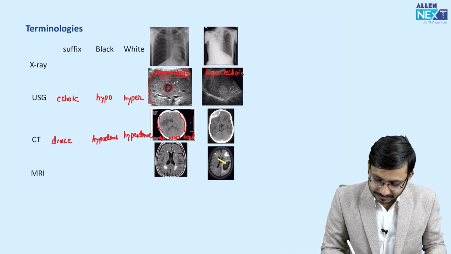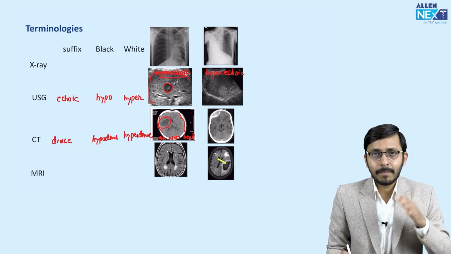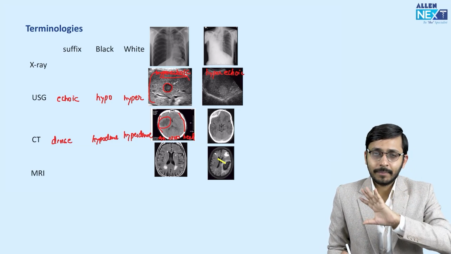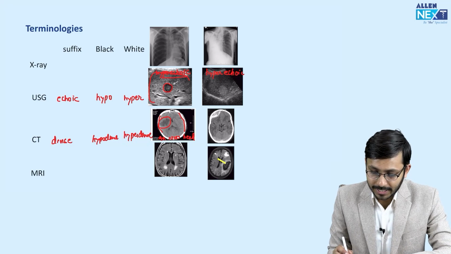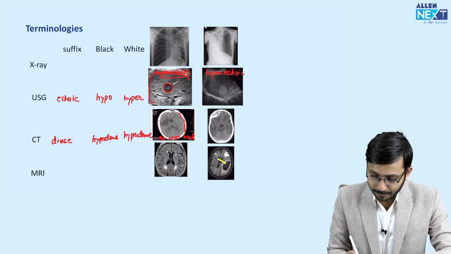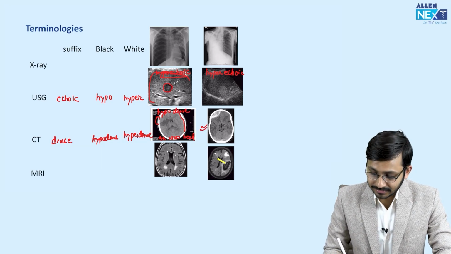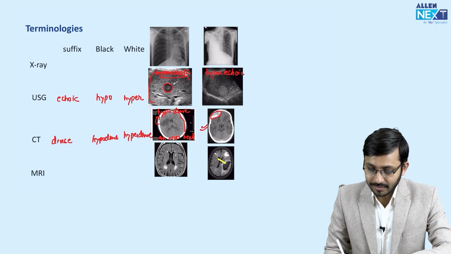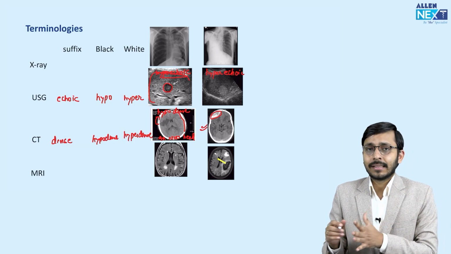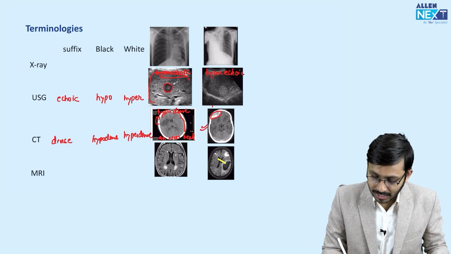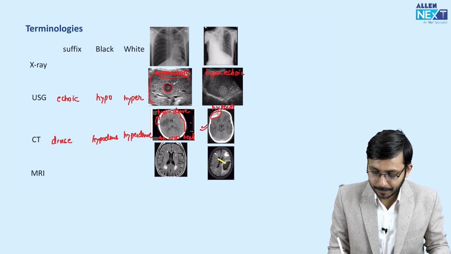Here we see this lesion which appears blacker than the normal surrounding brain parenchyma. So this lesion is hypodense. And in the second image, we see that there is a bleed in the frontal region which appears brighter than the surrounding parenchyma. So it is hyperdense.